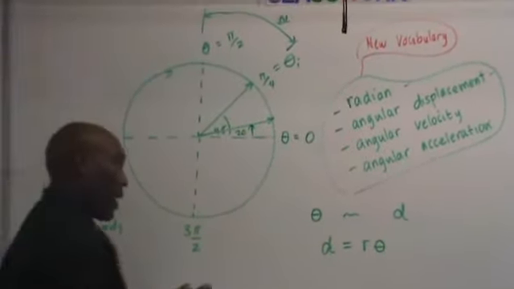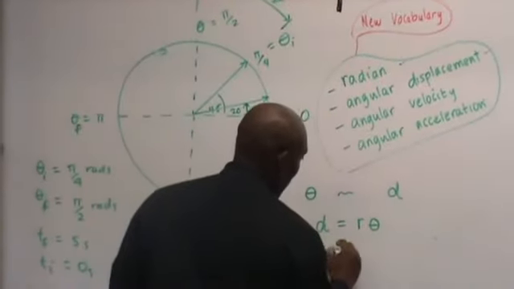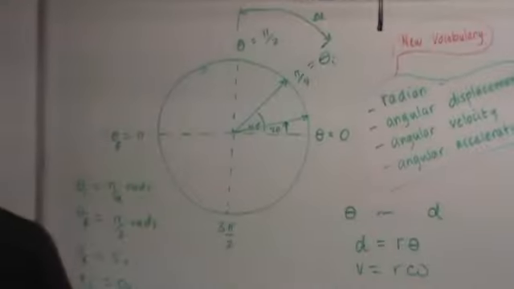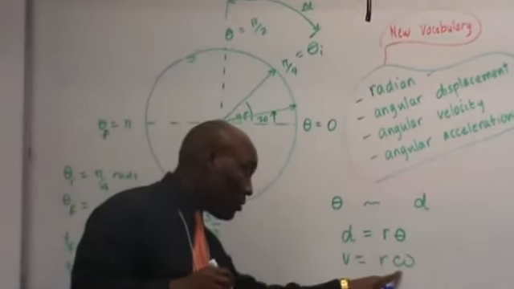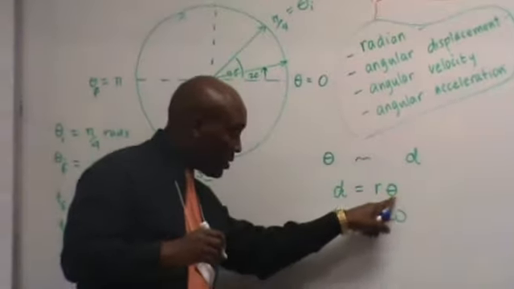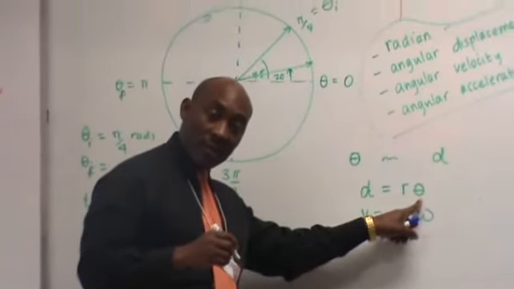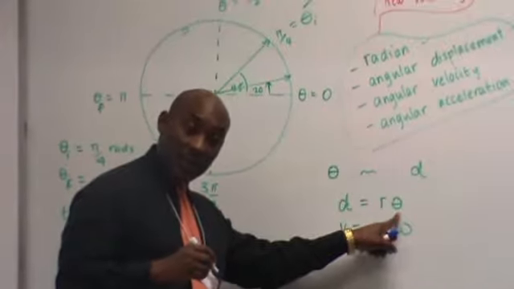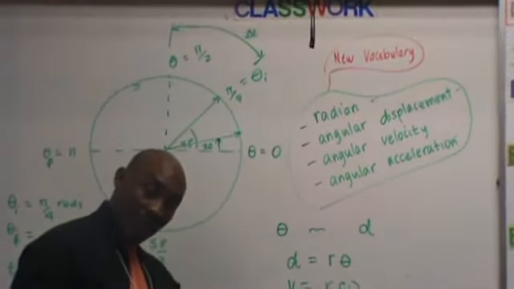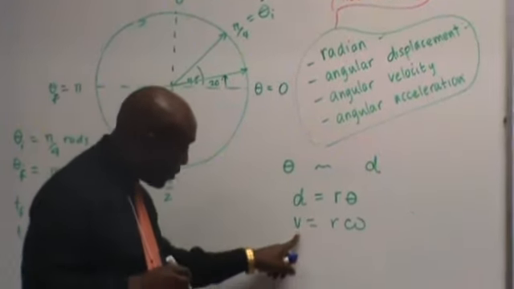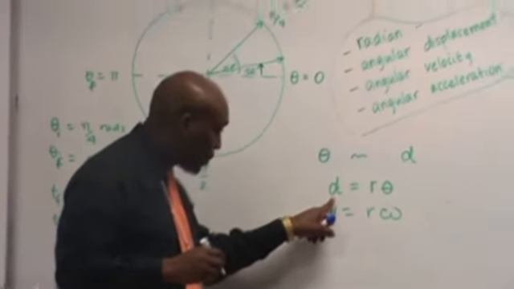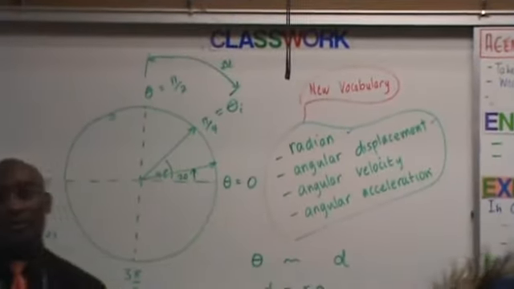It also turns out that V is equal to R times omega. Theta represents what? Angular velocity, right? There's a relationship between the linear velocity and the angular velocity, and between the linear position and the angular position.